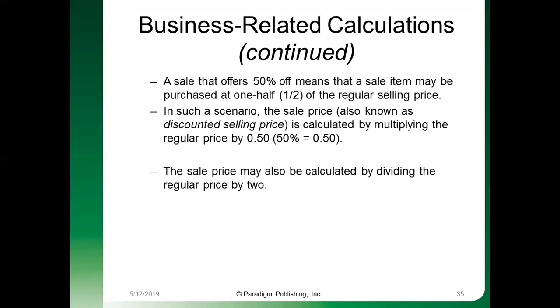So a sale that has 50% off means that the sale item may be purchased at 1/2 of the regular selling price. In such scenarios, the sale price, also known as the discount selling price, is calculated by multiplying the regular price by 0.5.